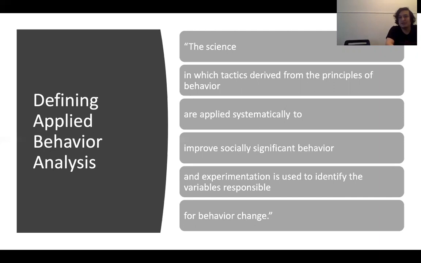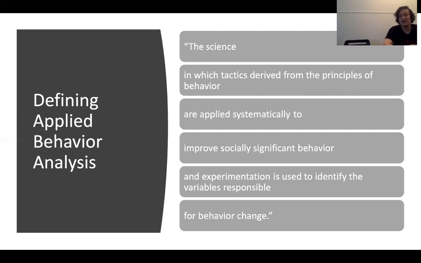We apply them to the world systematically, right, to produce meaningful change, and we experiment, right? We use our research designs to make sure that the variables we implement are what's responsible for the behavior change. And this is really what makes applied behavior analysis, along with the dimensions, what it is, right?